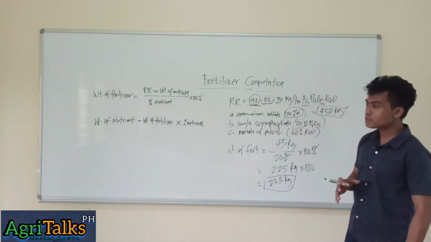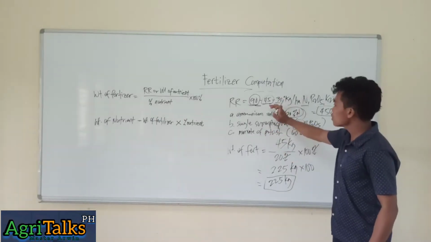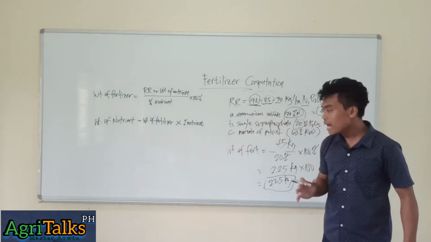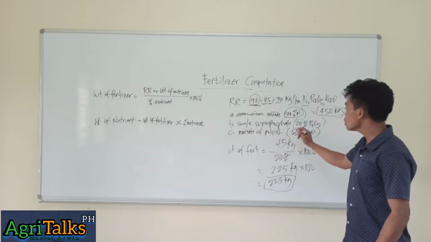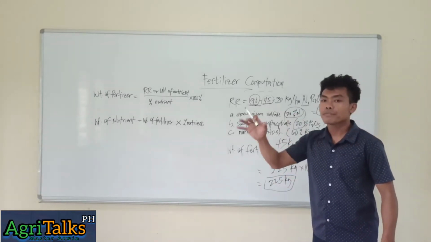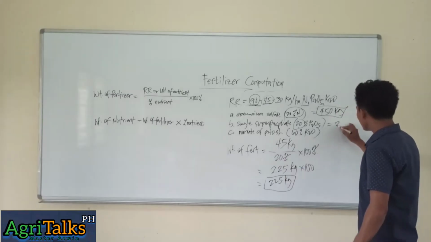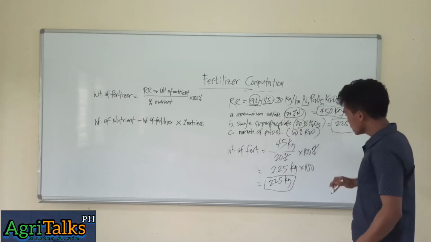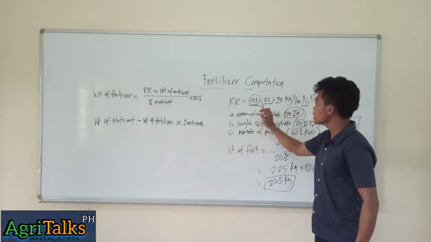Okay? This means that if your soil needs or requires 45 kilograms of phosphorus, you should apply 225 kilograms of single superphosphate to suffice that requirement. Okay? So that would be 225 kilograms.